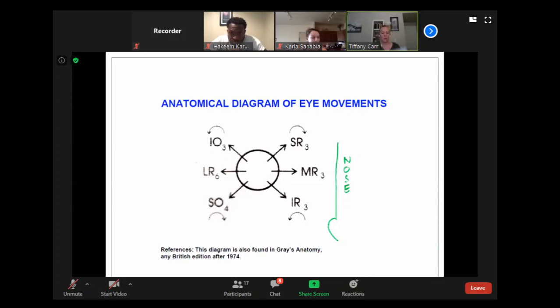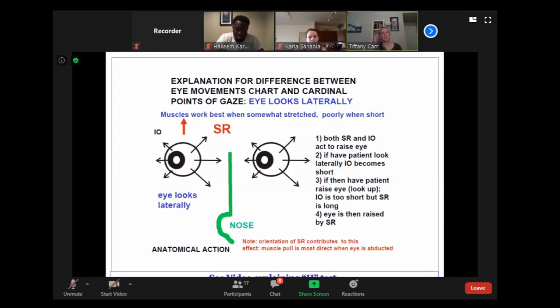And so what you do with that, the big concept, is that the muscles are going to work the best when they're somewhat stretched. So it's like that active insufficiency or the passive insufficiency that we would have in the body. So whenever that muscle is stretched, his example is looking laterally, all the muscles on the lateral side have been shortened.